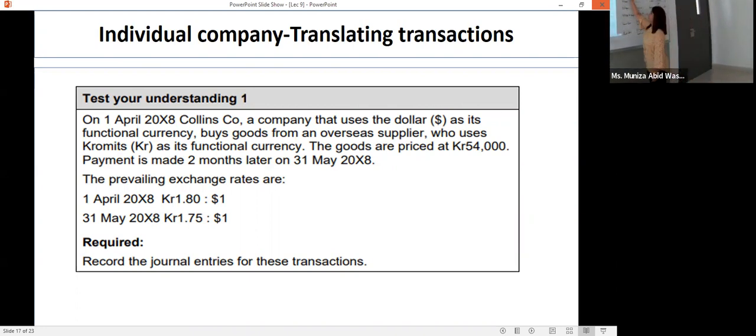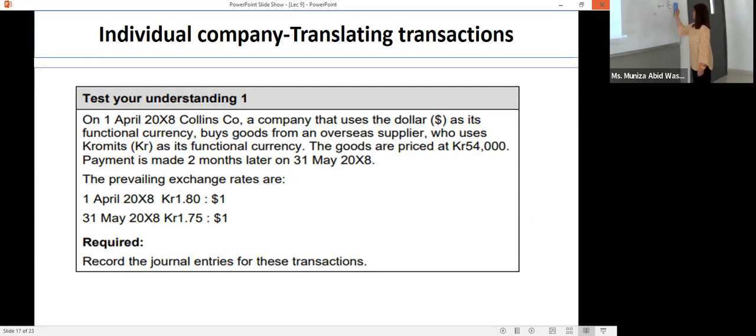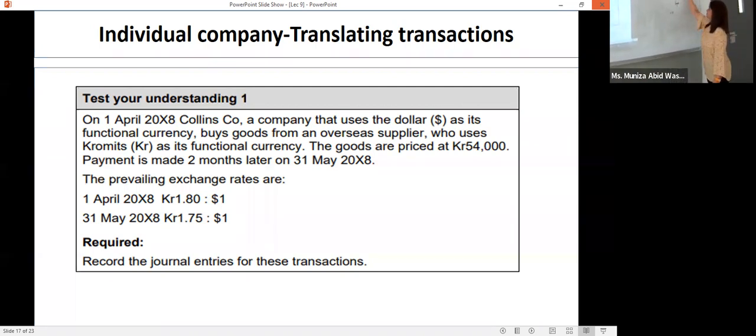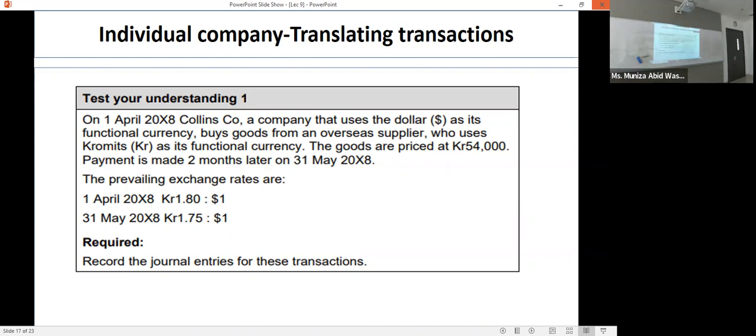The settlement is during an accounting period. The chromits have to be converted into the dollar since the functional currency is dollar.